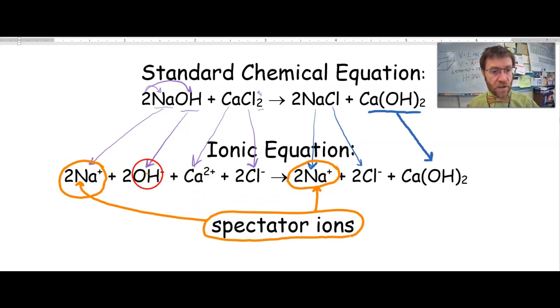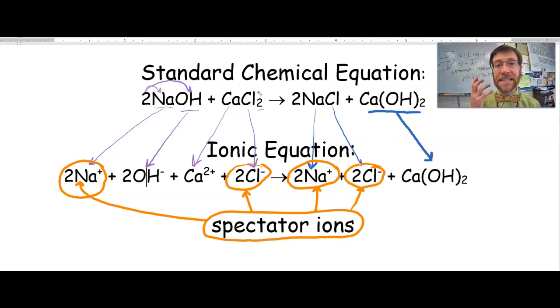Spectator ion. OH, nope, that's in a compound. Calcium, nope, that's in a compound. Ooh, I see chlorine right here. Chlorine with a -1. And over here, chlorine with a -1. Those are spectator ions. They are ions that did not partake in the chemical reaction. They started out one way, they ended the exact same way. No change in them.